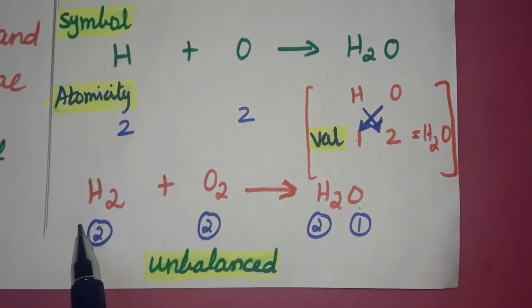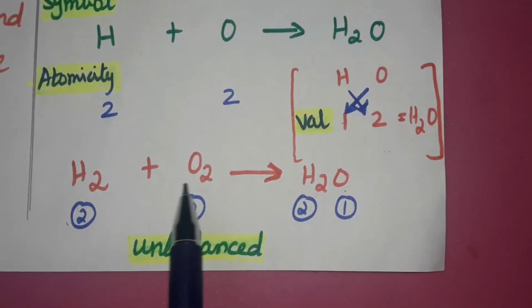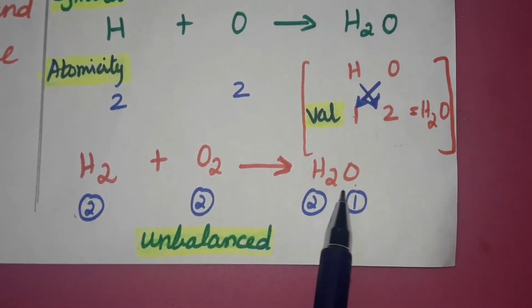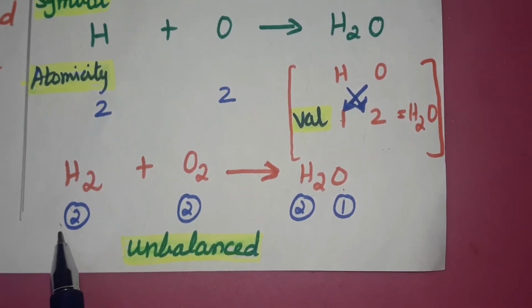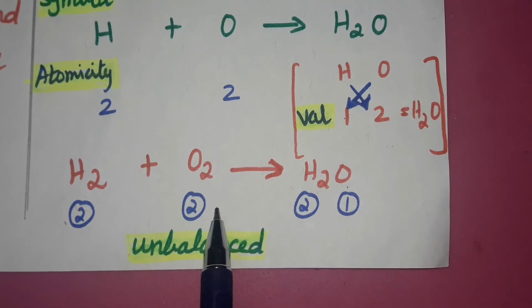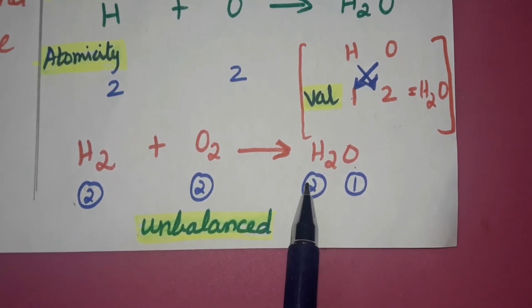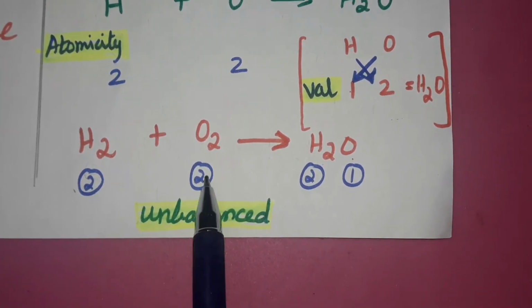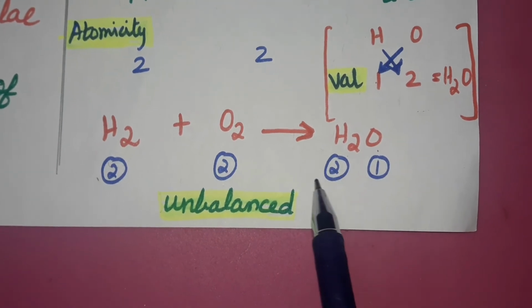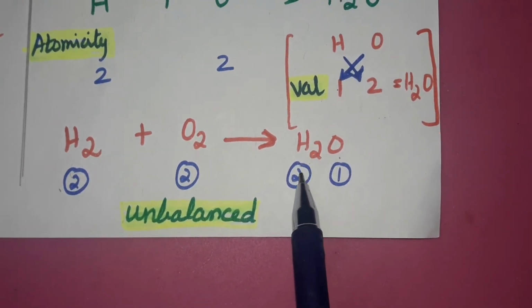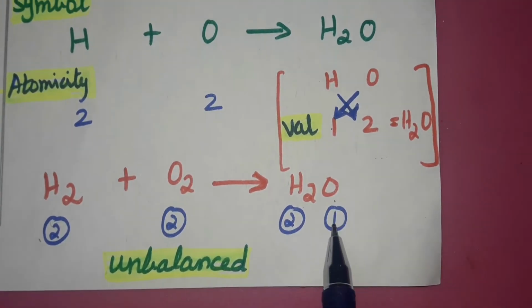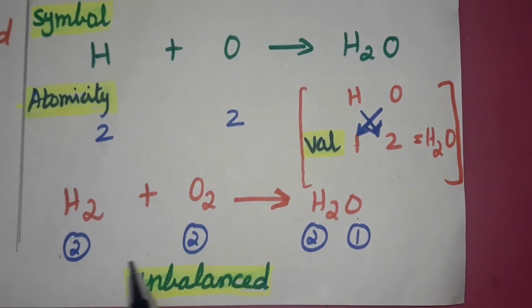So the equation becomes H2 plus O2 gives H2O. But the number of atoms of hydrogen on the left hand side is 2 and oxygen is 2. But in the product, the number of atoms of hydrogen is 2 and oxygen is 1. So the equation is unbalanced.